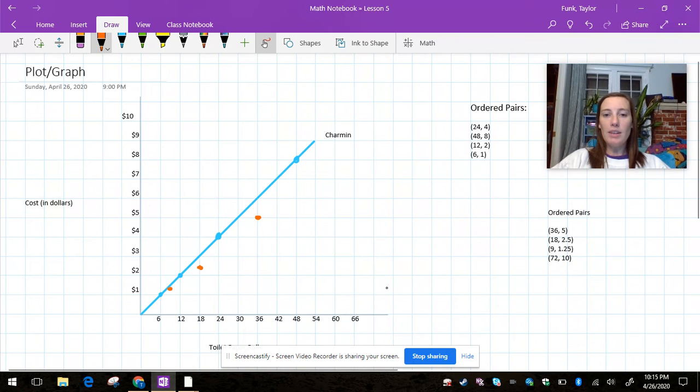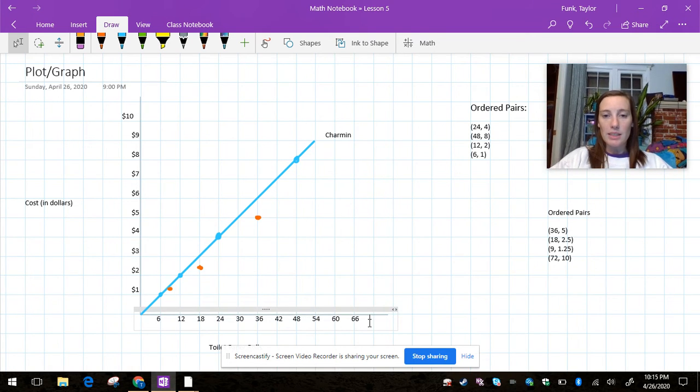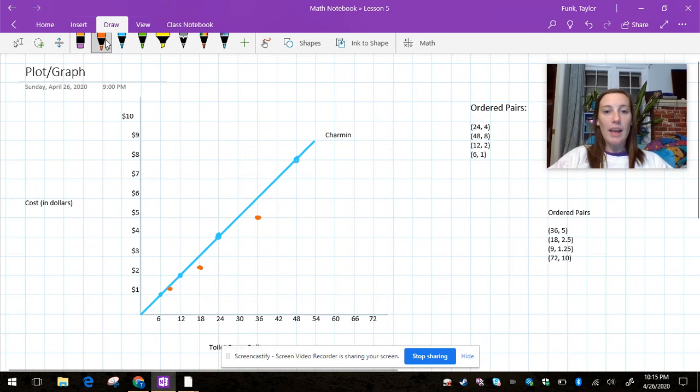And then 72, which, whoop, I don't have a 72, so I need to extend my line. 66 plus 6 is 72, so I just needed that one more line there. And at 72, it's $10.